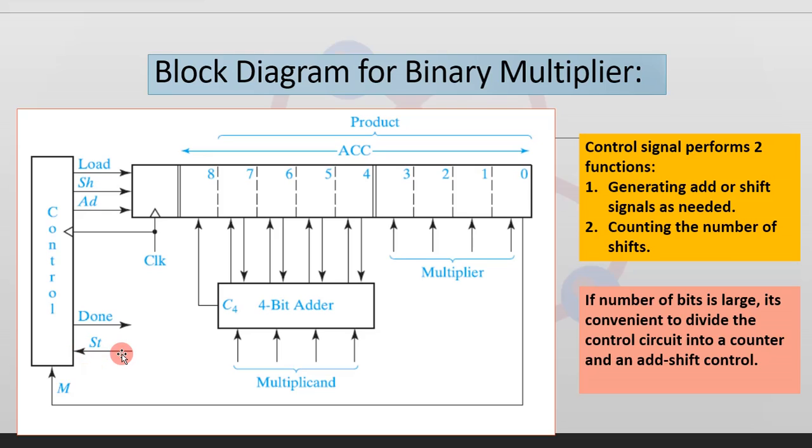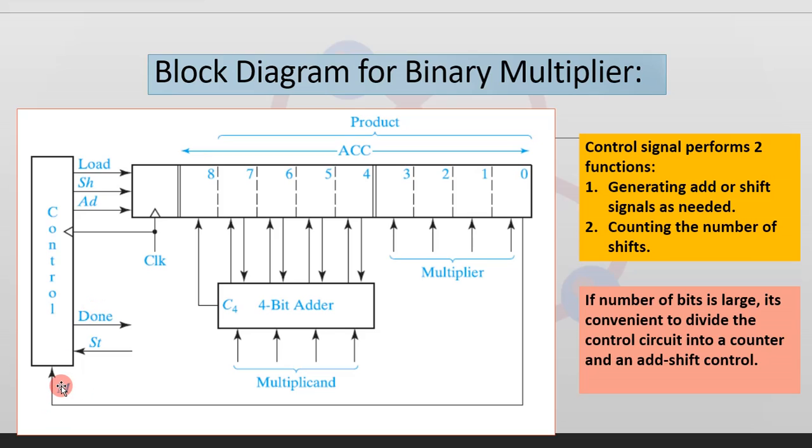That means ST has to be equal to 1 for proper addition and shift operation to occur. If the current multiplier bit, represented as M, is equal to 1, the multiplicand is added to the accumulator followed by a right shift.